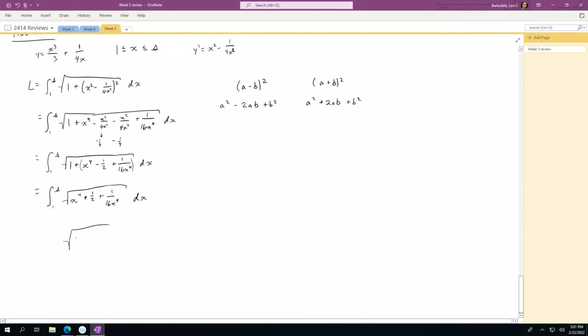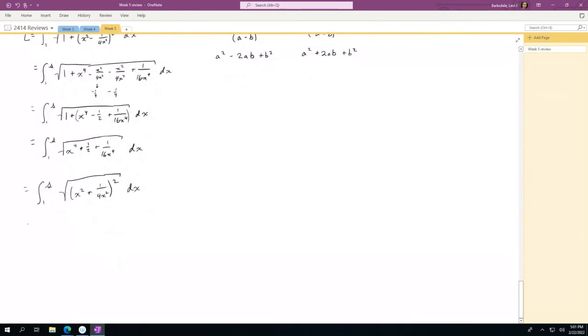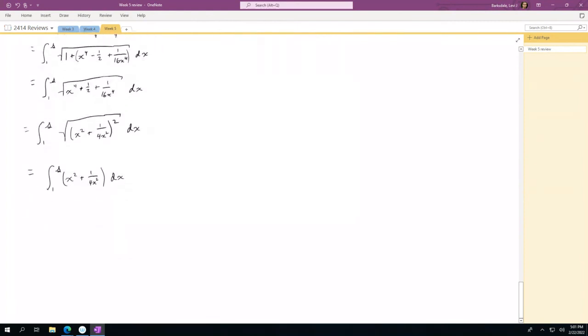And in this case, our a was x squared, our b was 1 over 4x squared. So we can factor this perfectly. And that allows us to cancel our square root. And then simply integrating, we get 1/3 x cubed minus 1 over 4x, correct?